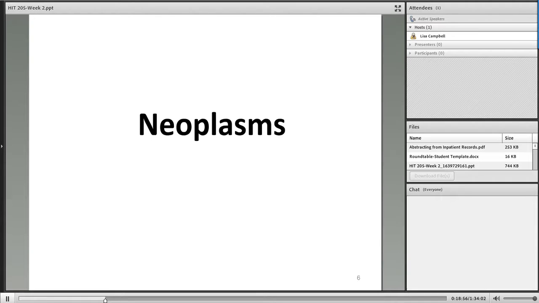In the first paragraph, there is a notation that says, to properly code a neoplasm, it may be necessary to determine from the record if the neoplasm is benign, in situ, malignant, or of uncertain histologic behavior.